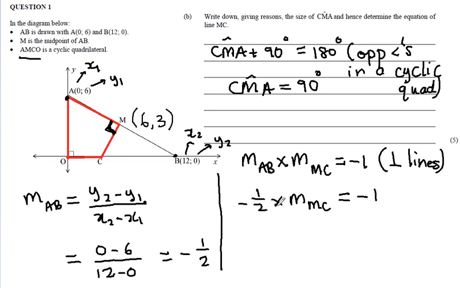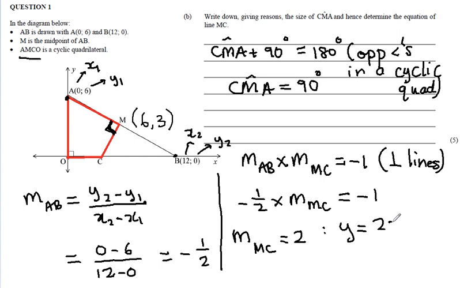If I divide both sides by -1/2, we're going to get the gradient of MC is equal to +2. And now to get the equation of MC, we will say y is equal to mx plus c.